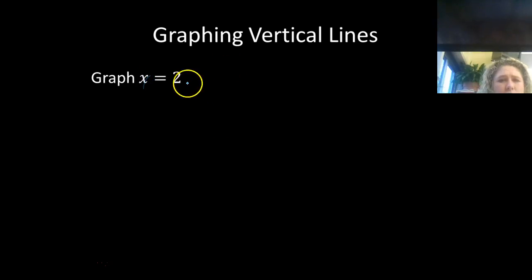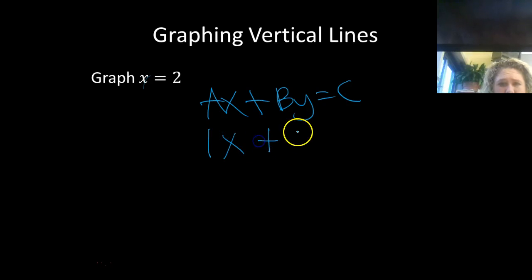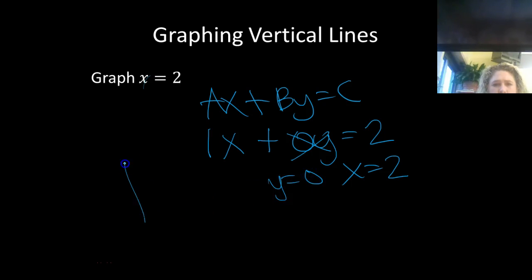When x equals 2, let's once again put this into ax plus by equals c, standard linear equation form. There's a 1 in front of x, so 1x plus 0y equals 2. This is going to cancel out. x is going to equal 2 when y was 0. So 2, 0 is my point.